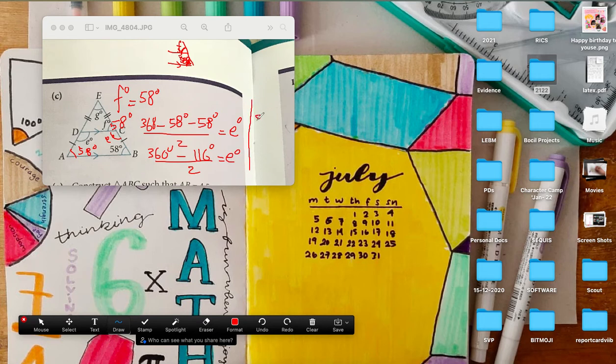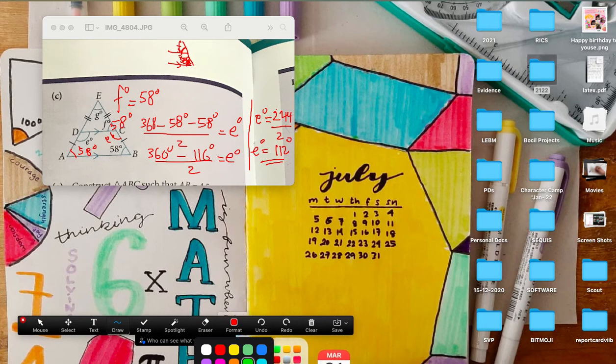I'll be having E degrees equals 360 degrees minus 116 degrees, so I'll be having 244 divided by 2. So it has to be 122 degrees. I would like to check whether E degrees equals that value correct or not.